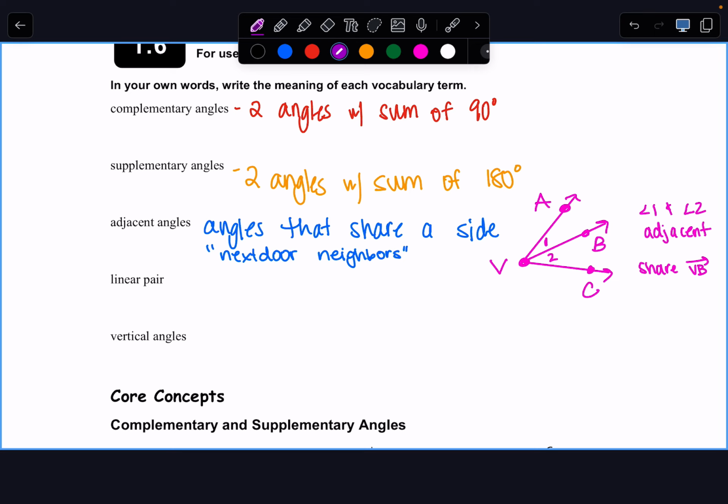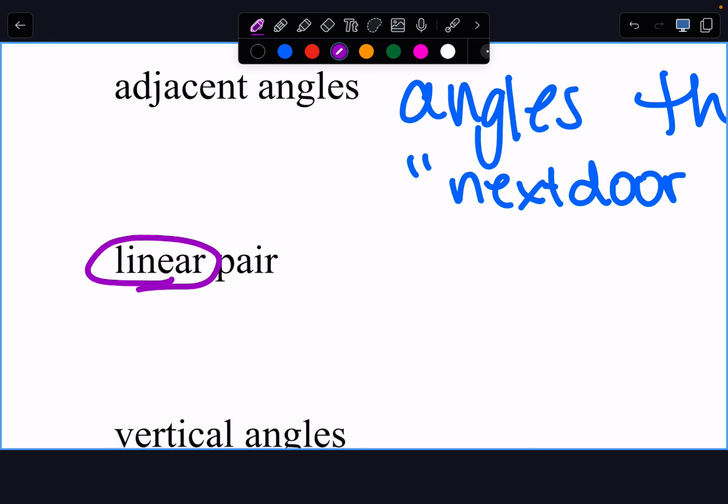All right, linear pair. Who thinks they know what that is? And describe that one. Aaron, you think you can? Ooh, so two angles where the not connected side is aligned. So do you see how it's linear? When you see the word linear, what do you think of?